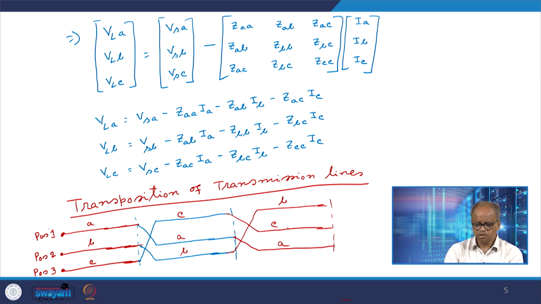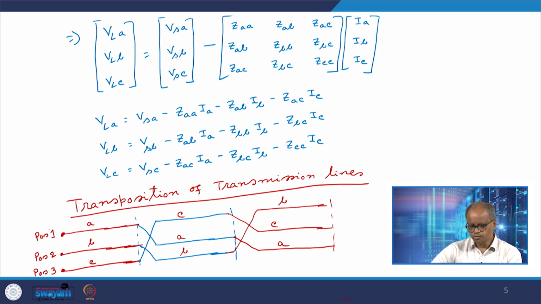So, this is basically called the transposition of a transmission line, and now we will try to see how we can calculate the impedance matrix of a line which undergoes a transposition operation, right.